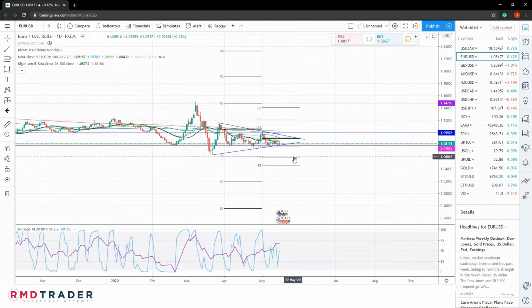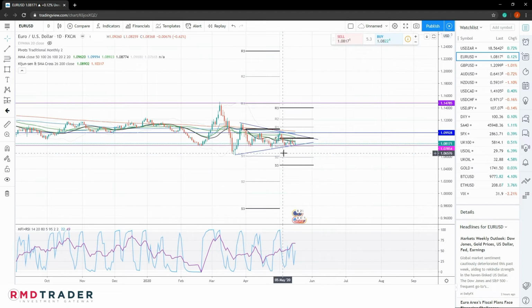So a move lower to this 1.05, 1.06 levels definitely still possible, with last month's S1 level also sitting around here. So definitely something to look out for, with very nice potential risk to reward setups pending.